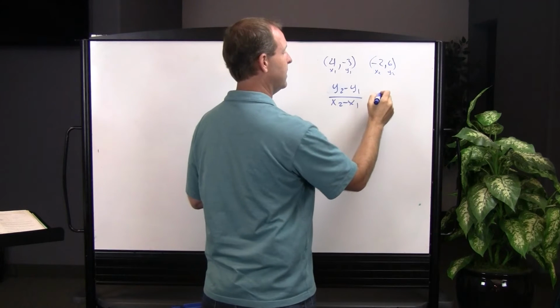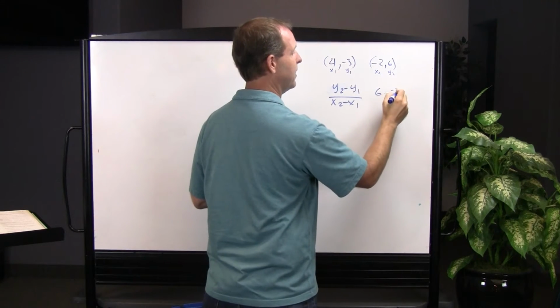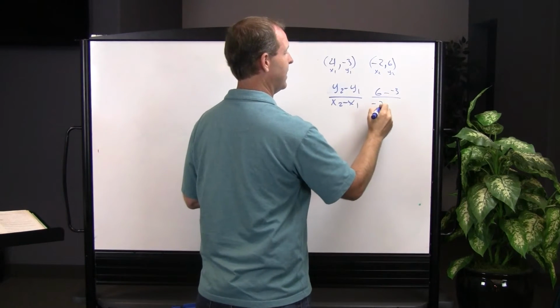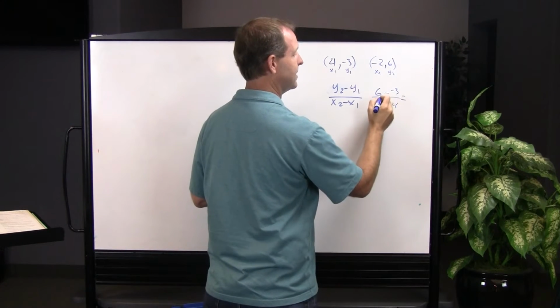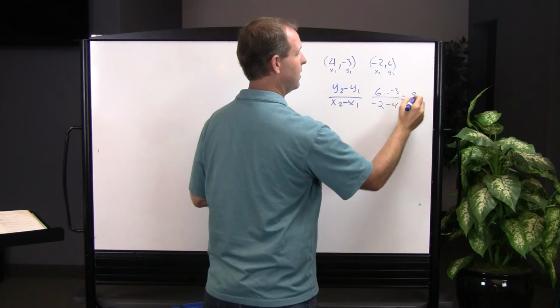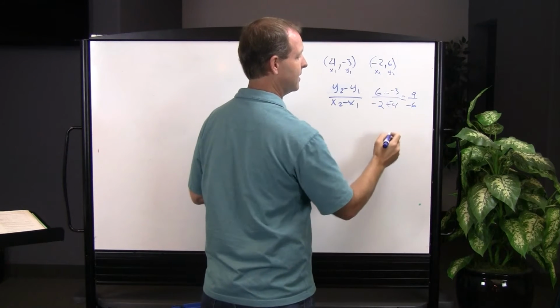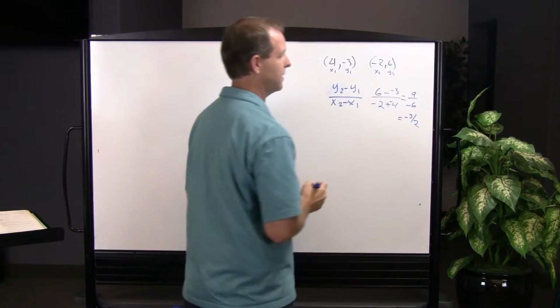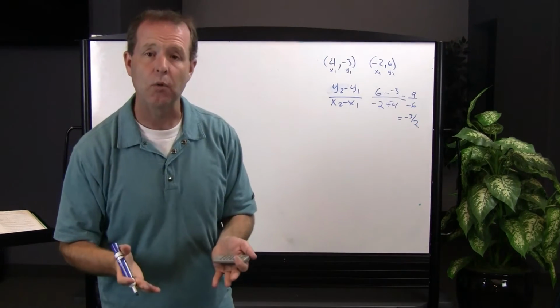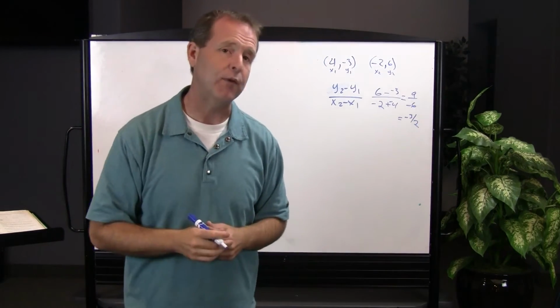So y2 is 6 minus a negative 3, all over a negative 2 minus a 4, and that gives me 6 plus 3, that's a 9, all over a negative 6, and that equals a negative 3/2. So now I have a slope of the line of negative 3/2.